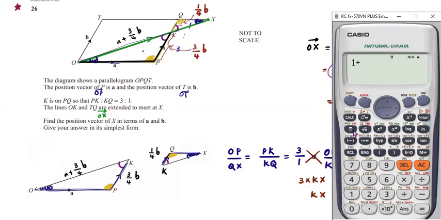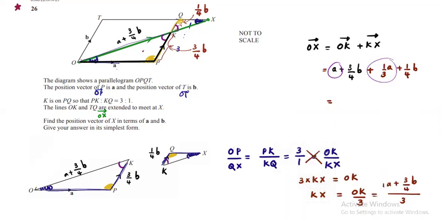That is 1 plus 1/3, so 1 and 1/3 when I add, it's going to be 4/3. So I can write it as 4/3 A. And then I have 3 quarters and a quarter. When I add, that becomes 1 whole. So that is 1B, or I can just write it as B. This is that vector OX, or the position vector X that we are supposed to find. This will be our answer.